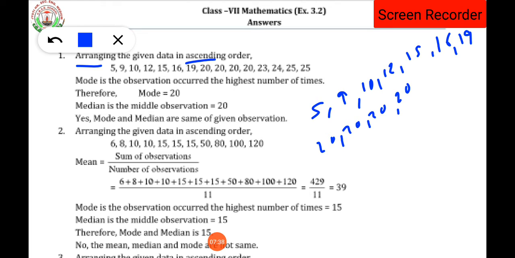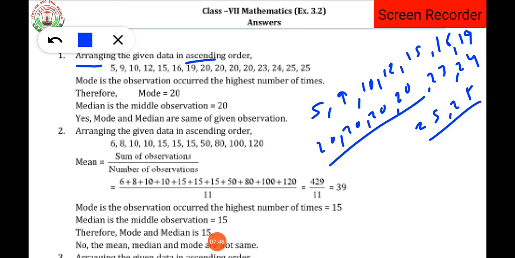Repeated how many times? 4 times 20 comes. Any other number repeated? The next number repeated is 25 and 25. So in this data, the number 20 is repeated 4 times and the number 25 is repeated 2 times.